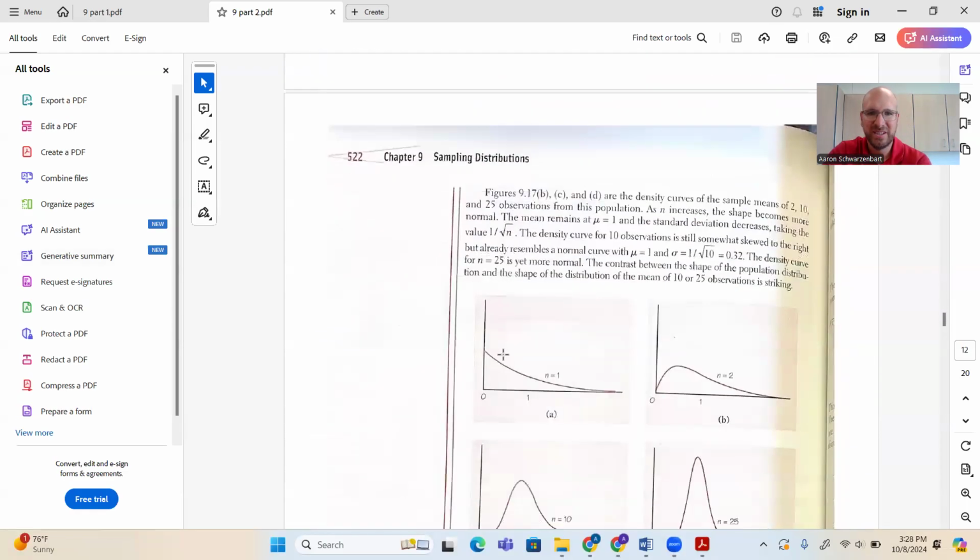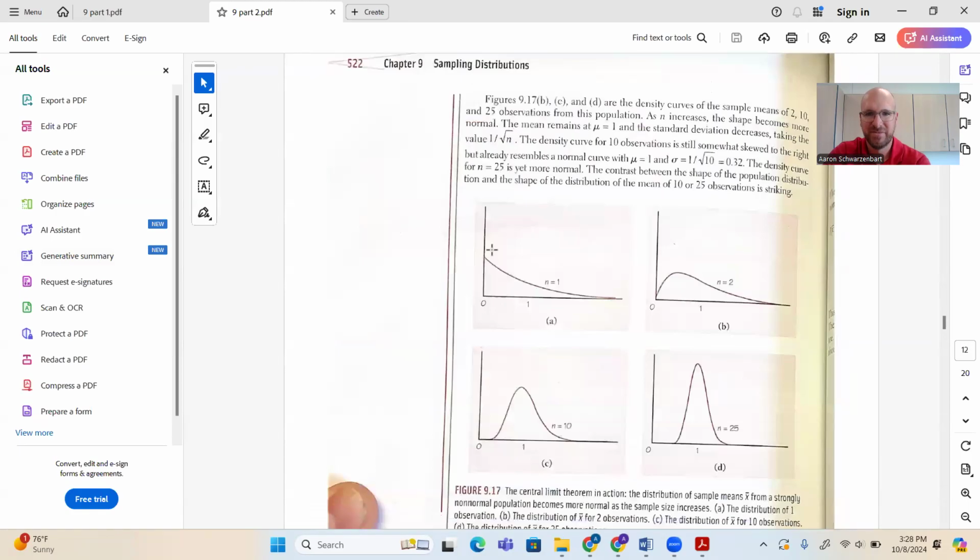So here we're going to see an exponential distribution. Notice it is curving down. That doesn't look remotely normal. If I take sample size 2 and do all possible samples, that still doesn't look very normal.